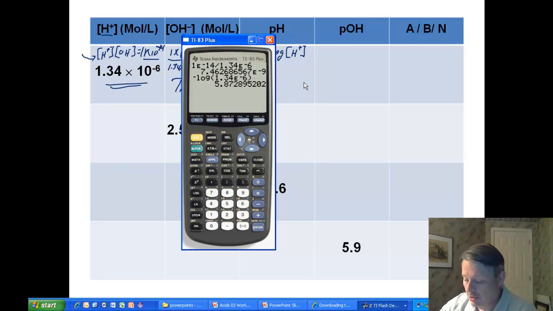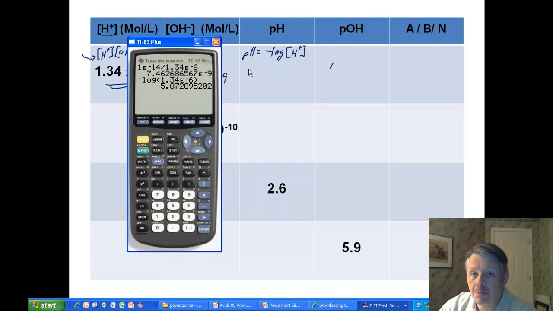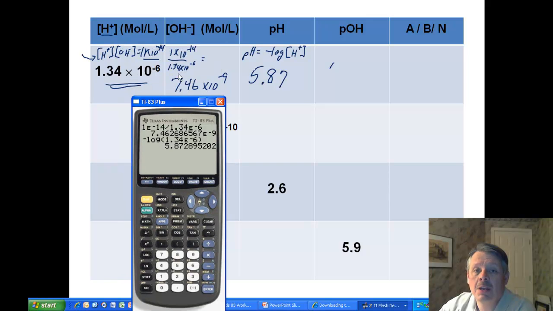Wait a minute, sorry, my bad, I'm in the wrong column. 5.87. Now, how do we figure out the pOH? Well, we could do exactly that same thing with this number, the 7.46 times 10 to the minus 9th, but frankly, I'm lazy.